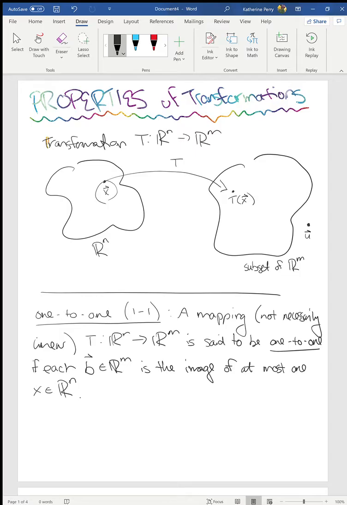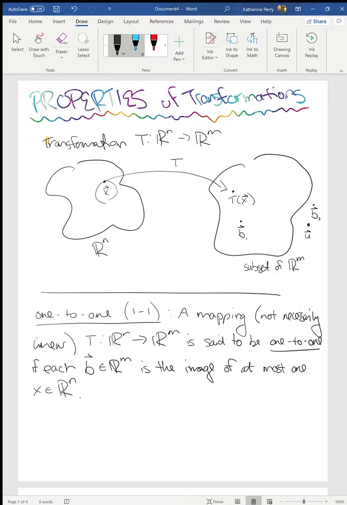and it's being sent somewhere over here in Rm. What this says is if I take any vector, let's say b in Rm, b could be here, or b could be out here. So maybe I'll call this b1 and b2. And what this is saying is that my vector b is the image of at most one x, which could mean this.